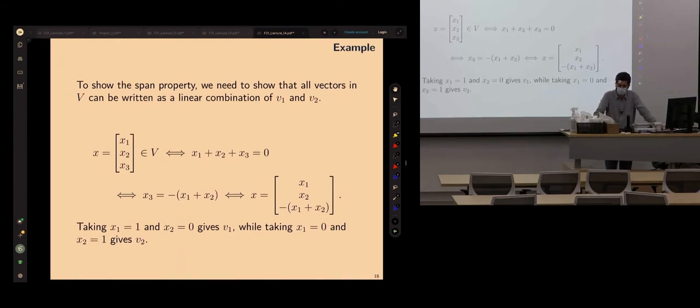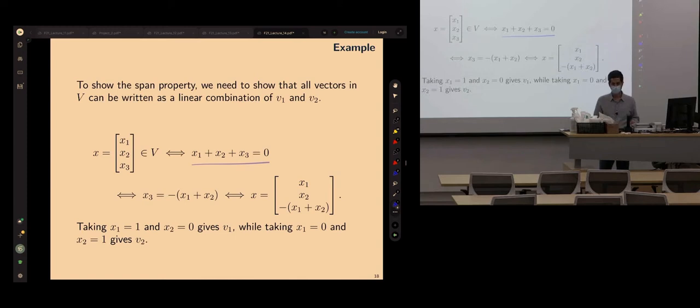Now, to show the span property, let's start from the definition of the subset. It's telling us the sum of the entries should be 0. You can find one coordinate based on the other two. It doesn't matter, right? Here I choose x3 according to x1 and x2.